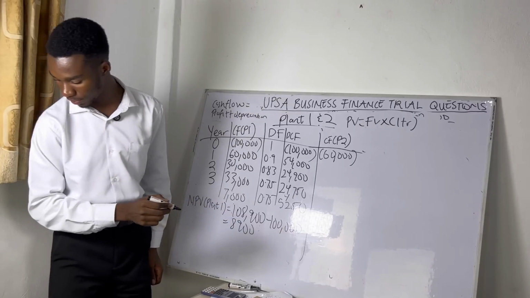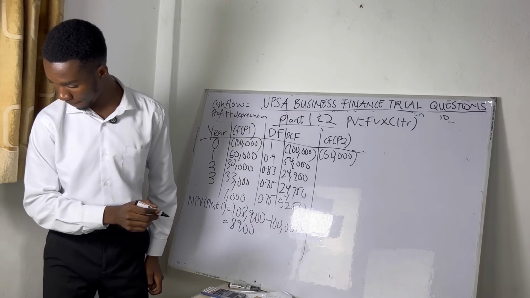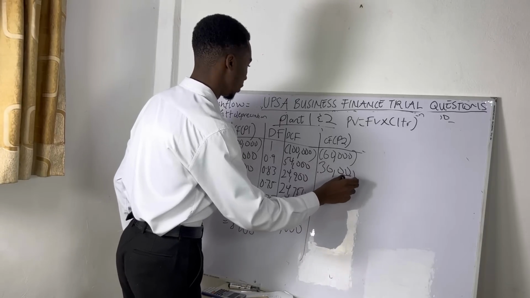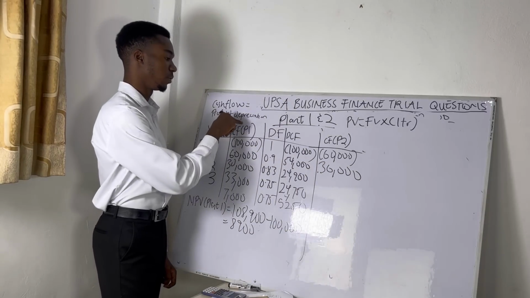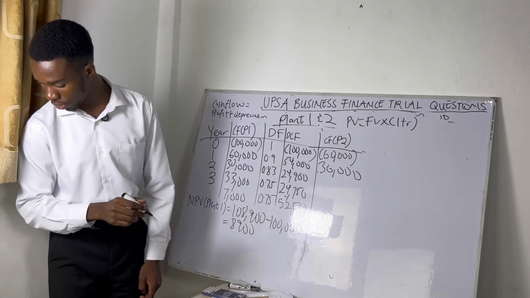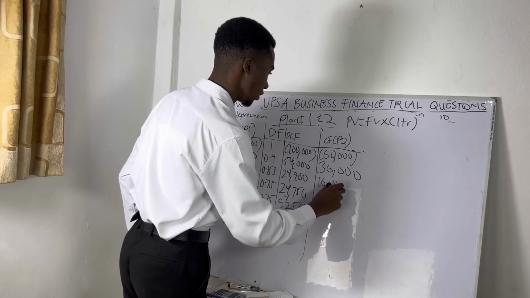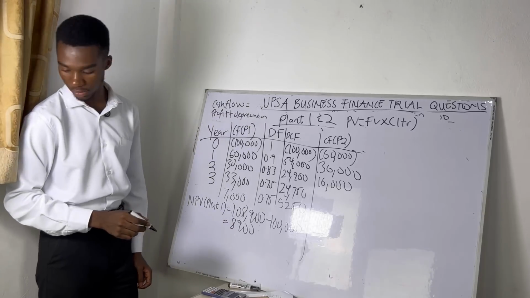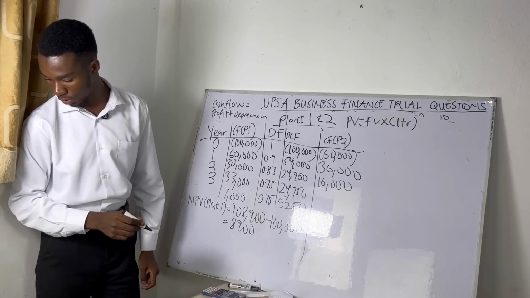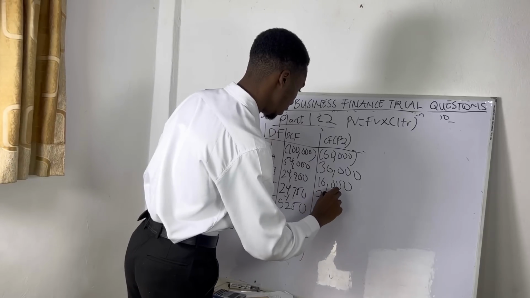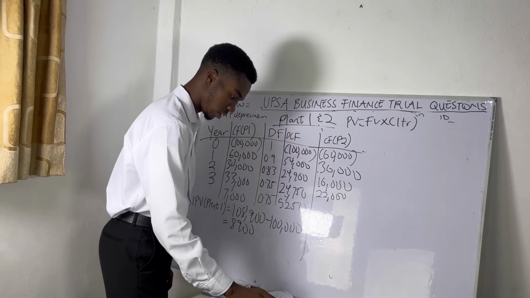Then year 1, we got 36,000 cedis, which is the profit plus the depreciation that we calculated. Then year 2, we got 16,000 cedis. Then year 3, we got 22,000 cedis.